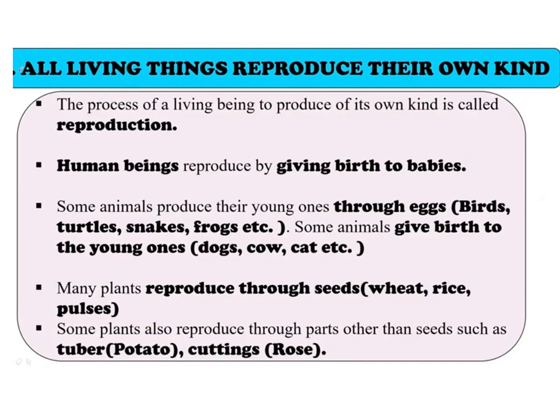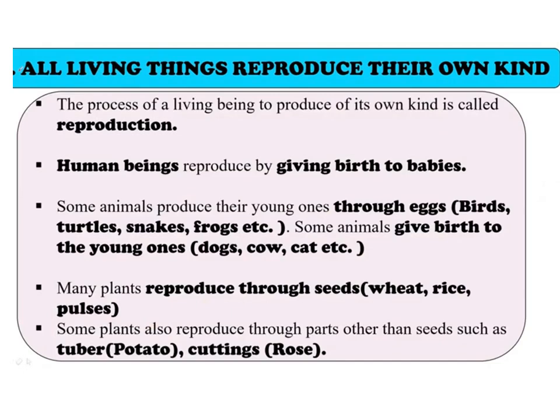The mode of reproduction may be different in different animals. Some animals produce their young ones through eggs. Some animals give birth to the young ones. You can see the picture in your book, figure 9.14. There you can see some animals that give birth to their young ones: dog and puppy, kitten of cat, calf of cow.